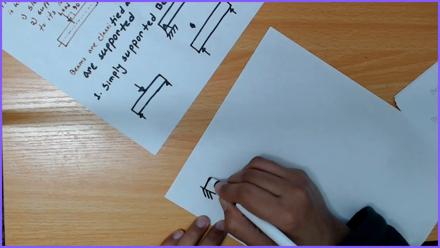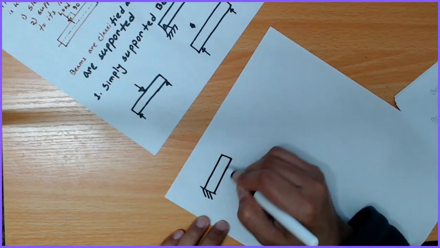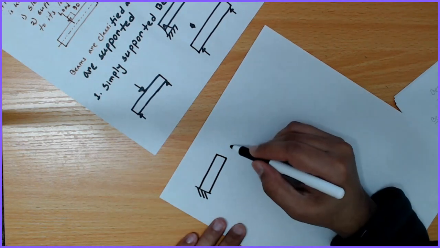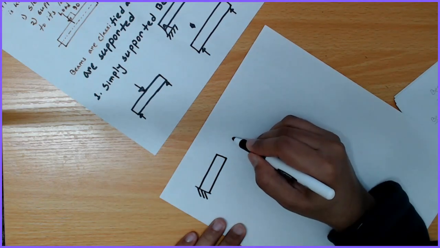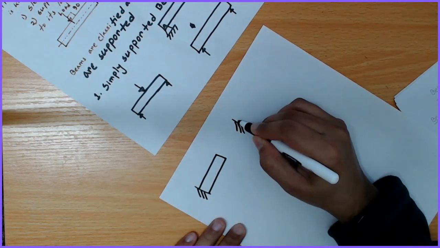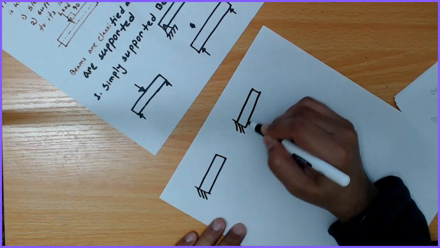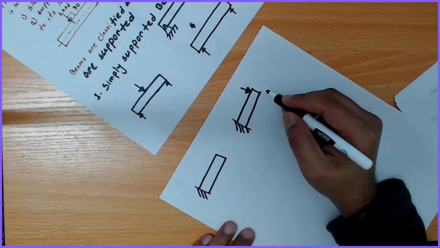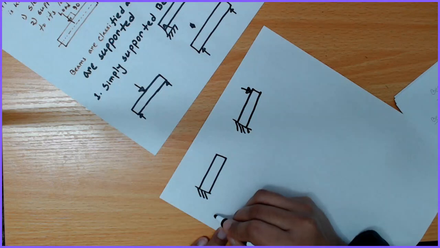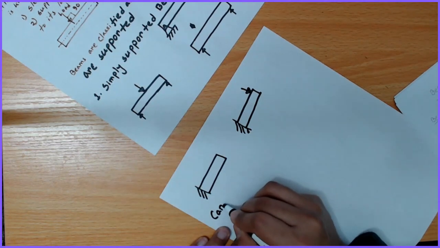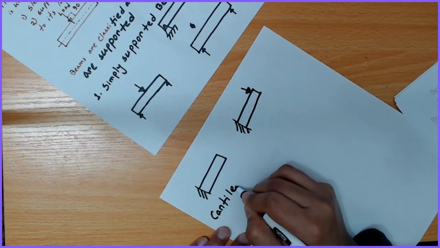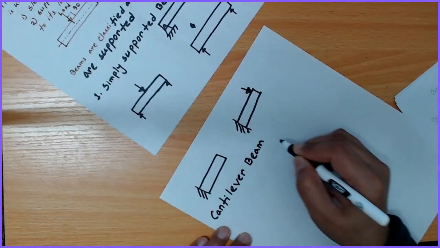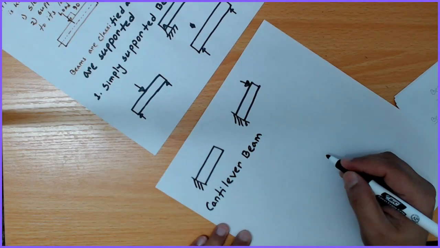If a beam is fixed at one end and free on the other end, these are the examples of cantilever beam, okay, cantilever beam.